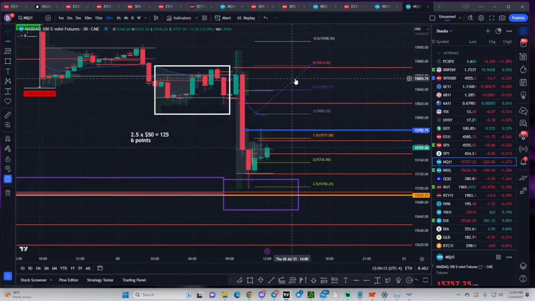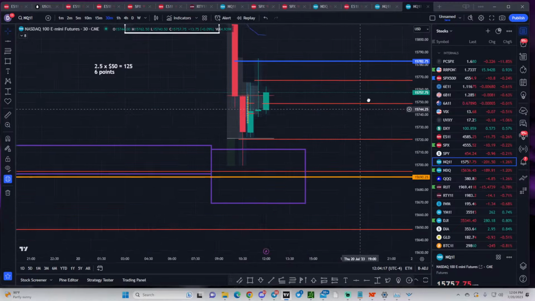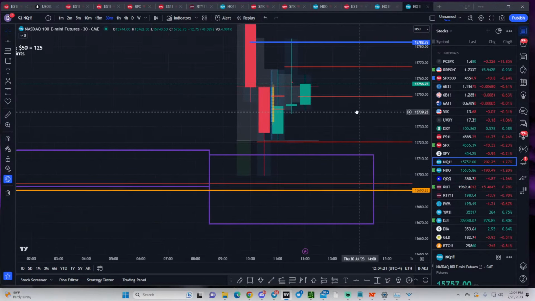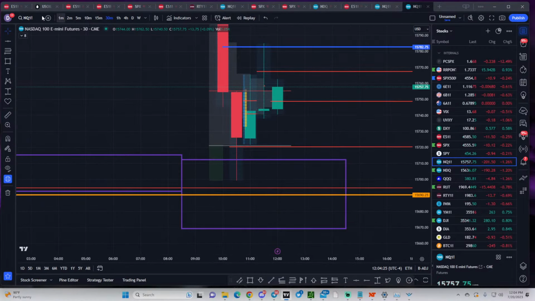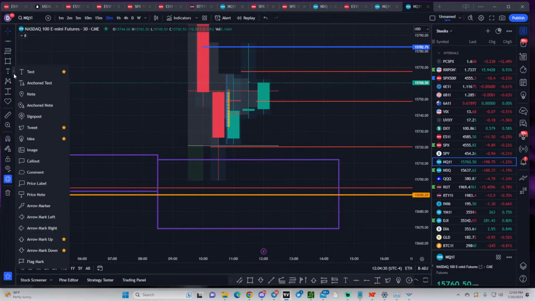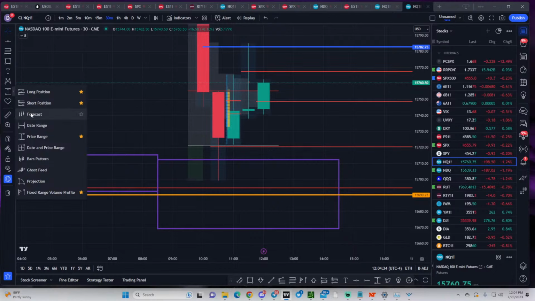Let's remove this. And this, what you have here is your target will basically hit, okay? Now you got your entry based on a 30-minute candle. So this is how the trade looks like.